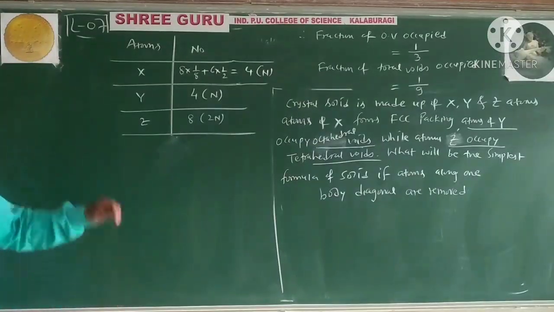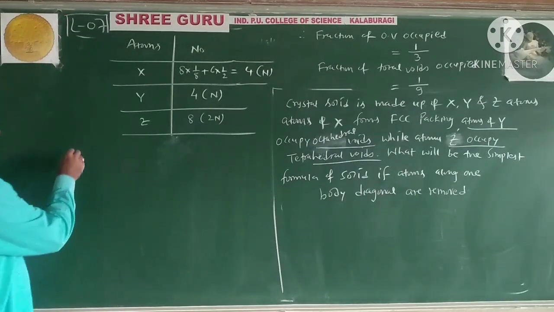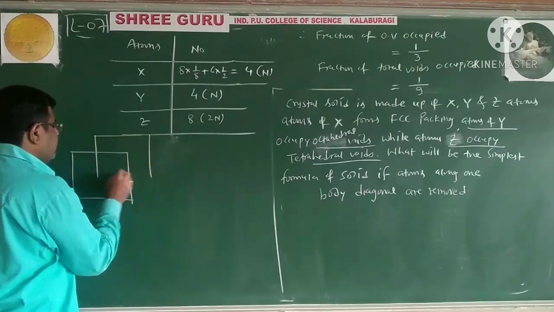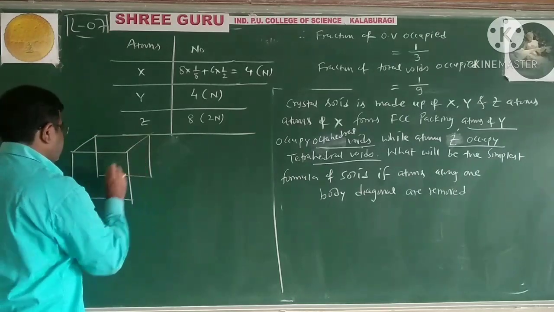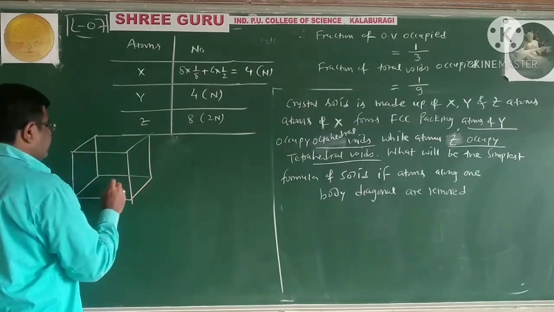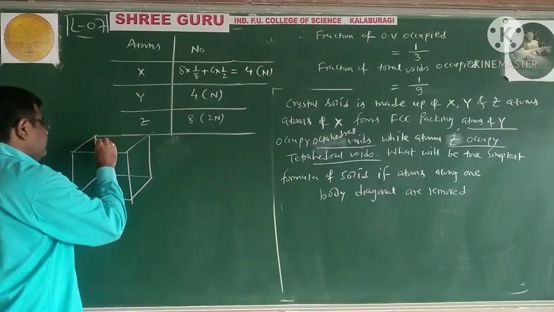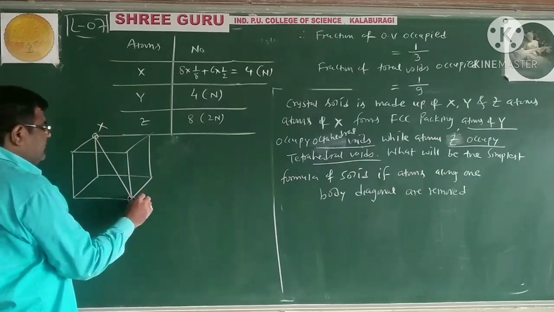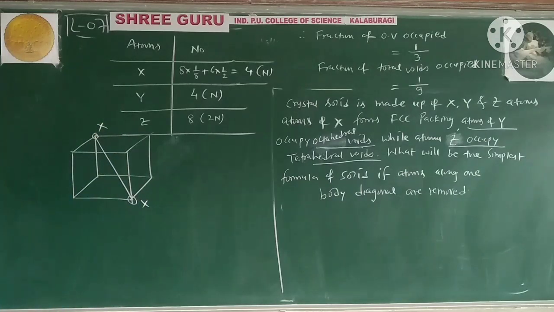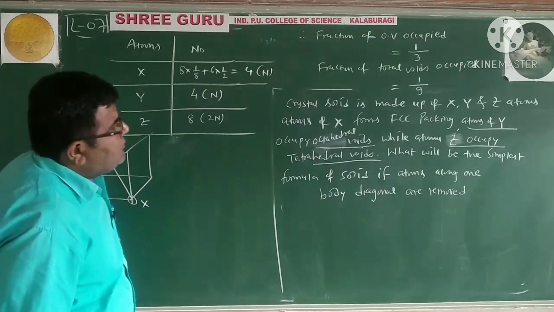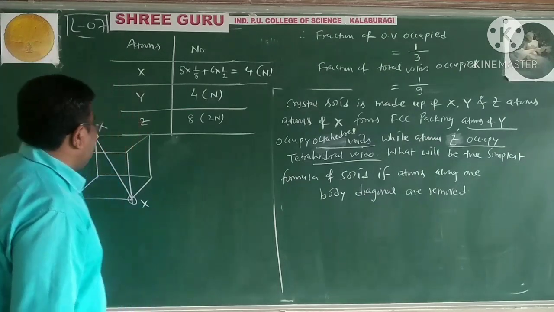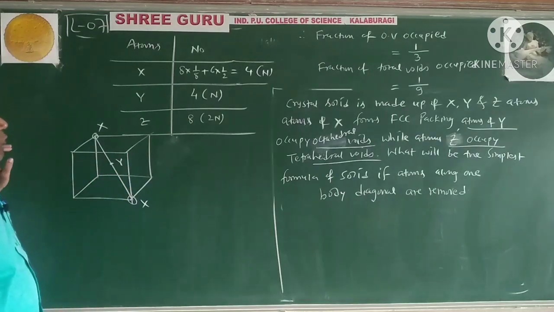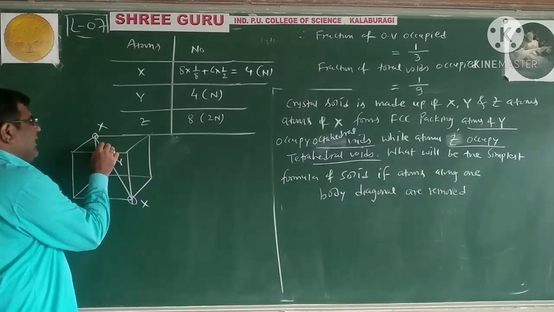But they have removed the body diagonal. Here is X and Y is on the body center octahedral hole, and Z occupies tetrahedral holes. 2 are there on every body diagonal.